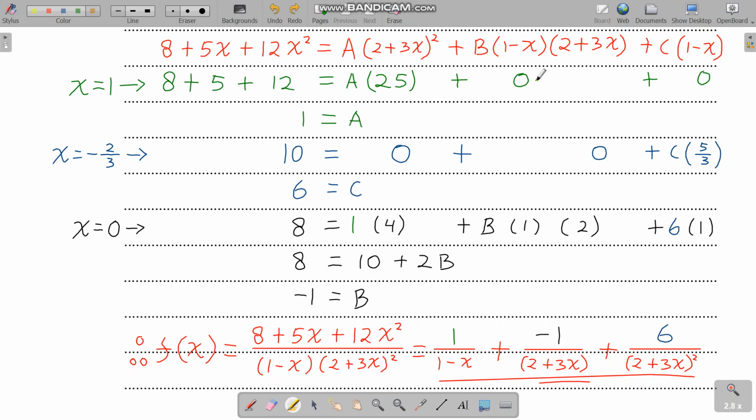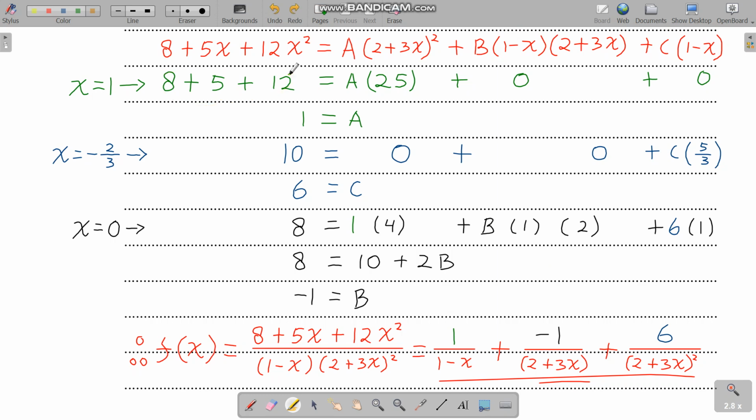On the right, this term goes to 0 and this term goes to 0, because 1 is the zero of 1 minus x. So a is 1.